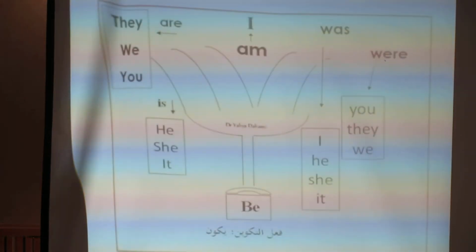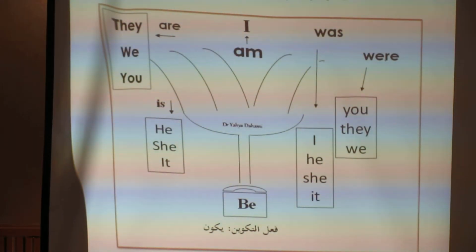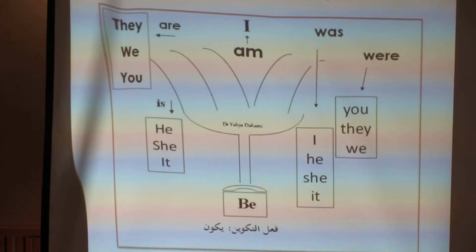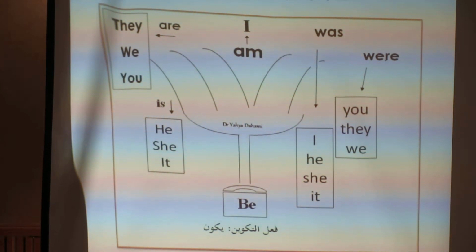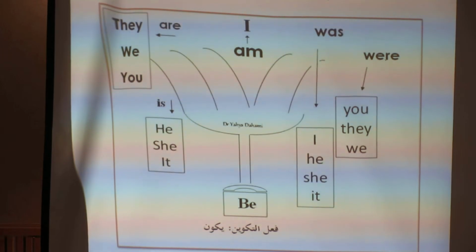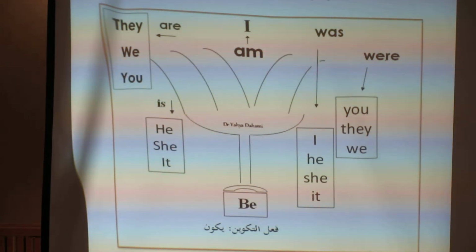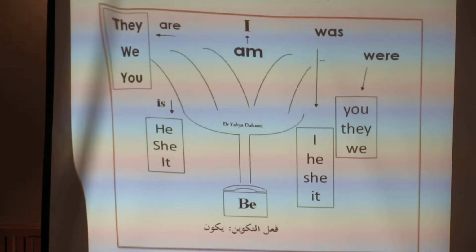The same with the last essential verb, to be. Being, still being. Some people cannot understand still being. حالة تكوين، حالة كينونة. From being, it is taken from be, يكون، تكوين، كينونة. So look, be again is divided into three parts.